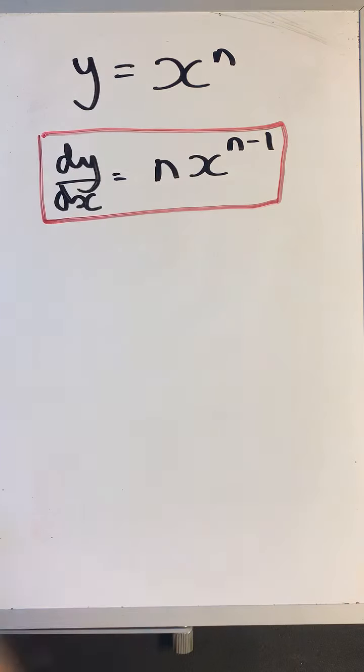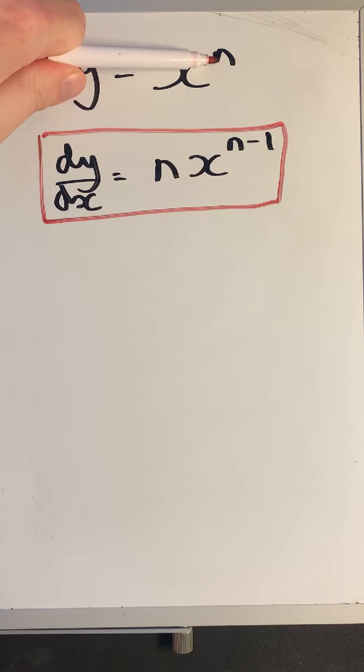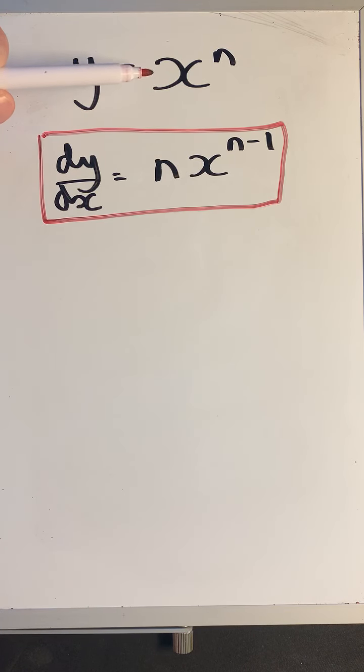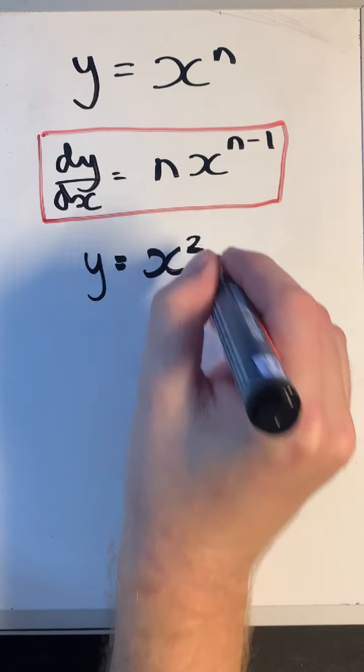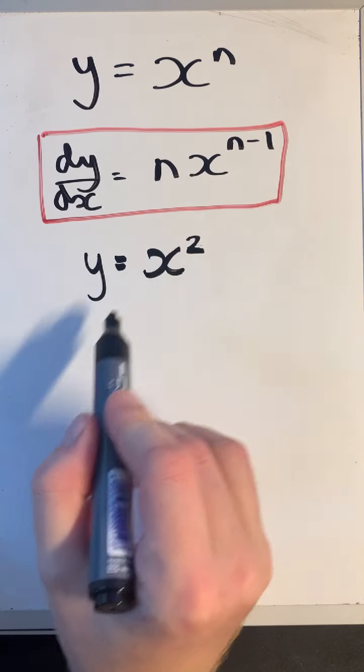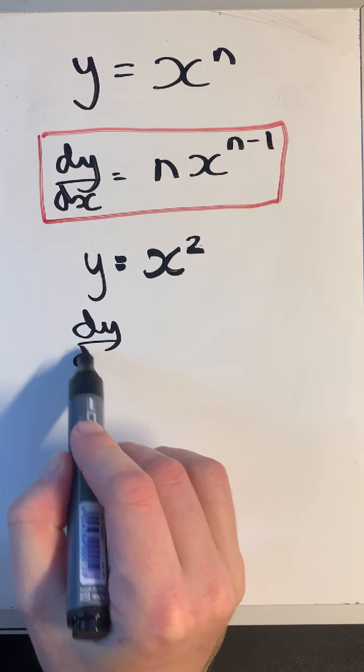Extremely important. And it doesn't look very nice initially, but all it's asking you to do is bring this power down in front of the x and then take 1 away from the power. Bring the power down in front and take 1 from the power. So that one that I did a second ago, what do we have? y equals x squared. What did I do? I brought the power down in front.